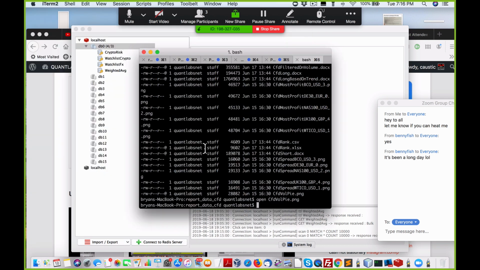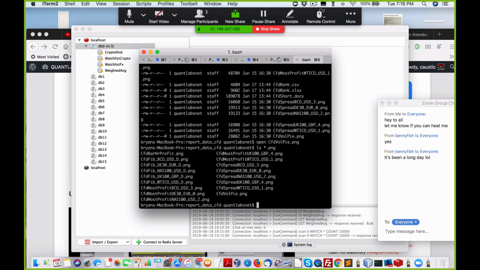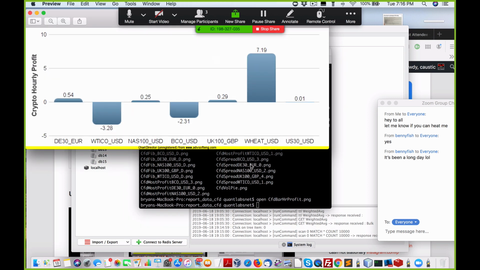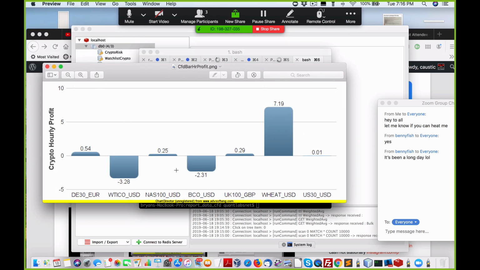This is the interesting chart that I like, which you'll never hear about in the news. Is this PNG file right here? I'm just showing you some of the unique aspects of just the Quant Analytics service that you won't get anywhere else. Right here, yesterday, wheat was the #1 asset to trade at that time.